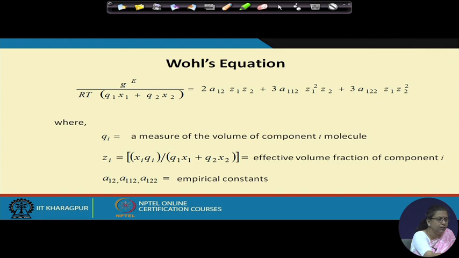As we have shown here, the first term takes into account the two body interactions, and the subsequent terms take into account the three body interactions in this particular case.